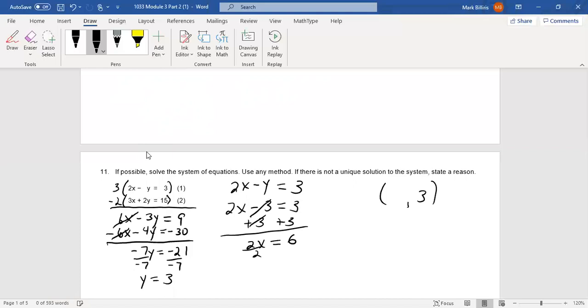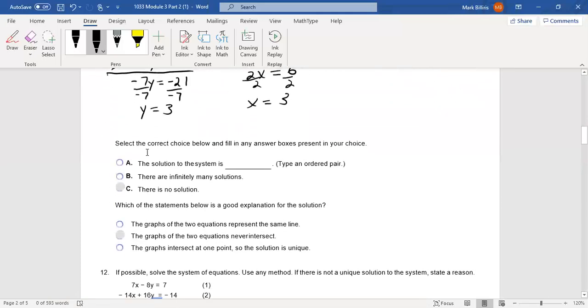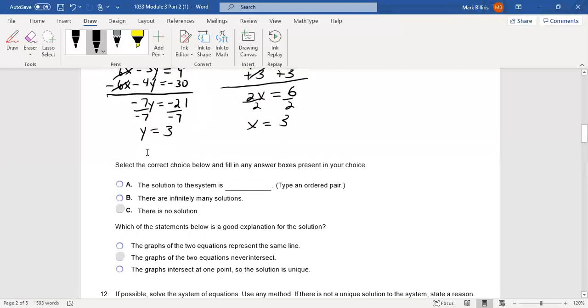So when I divide both sides by 2, it tells me that x is 3 as well. So my common solution for this system of equations is 3 and 3. So when I look at this, the solution to the system, I would put in the box 3 and 3.